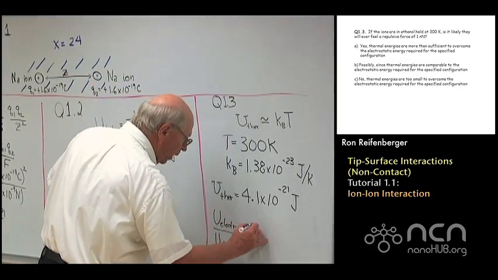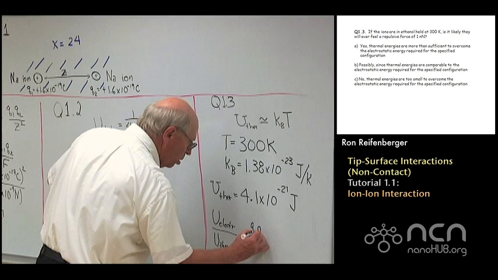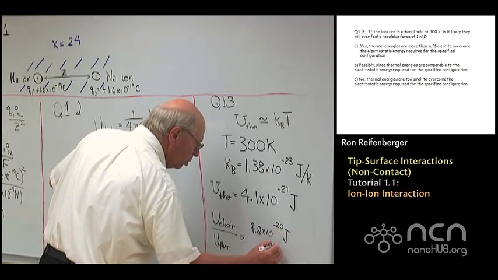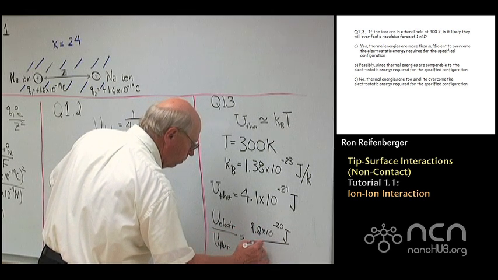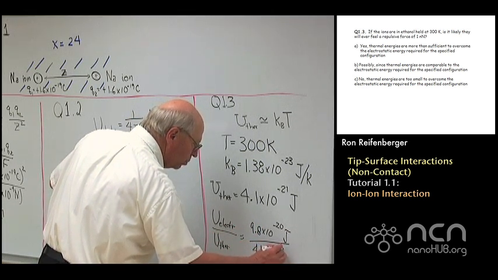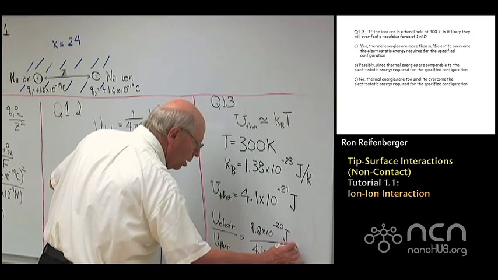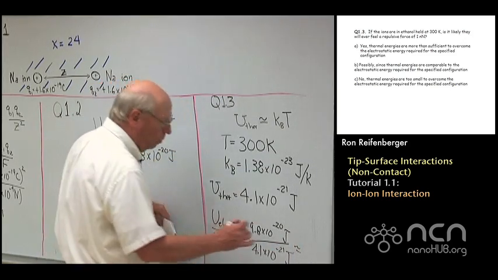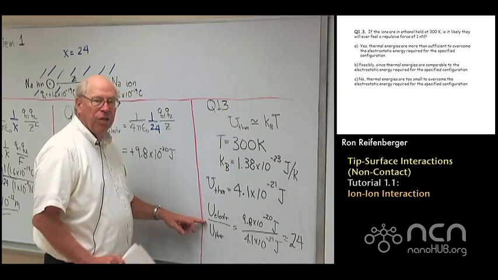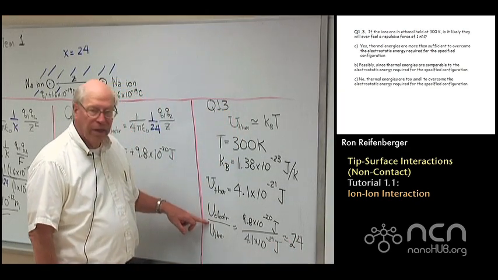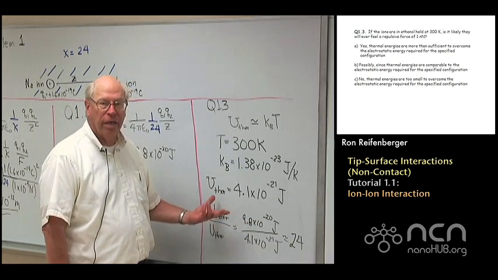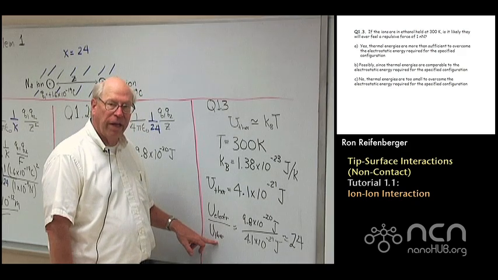It's 9.8 times 10 to the minus 20 joules divided by 4.1 times 10 to the minus 21 joules. And that number is on the order of 24 when you work out that arithmetic. So this just means that the electrostatic potential energy of interaction is about 24 times the thermal energies available.